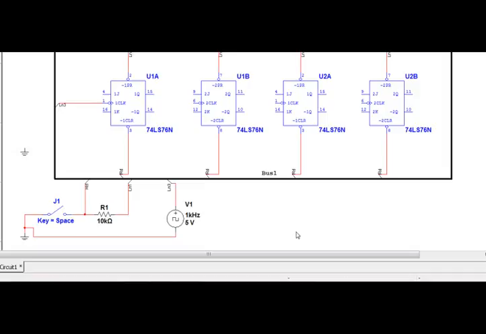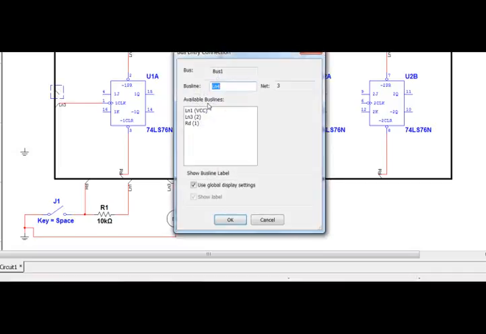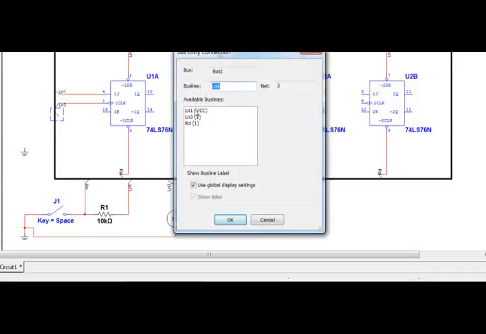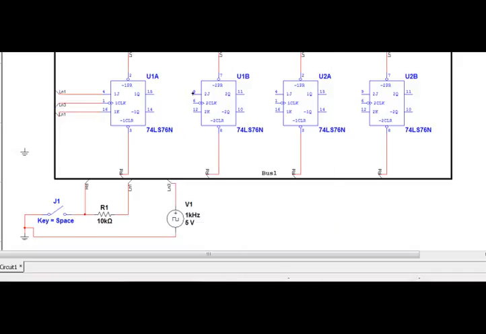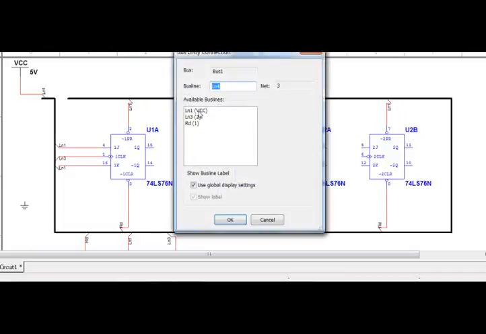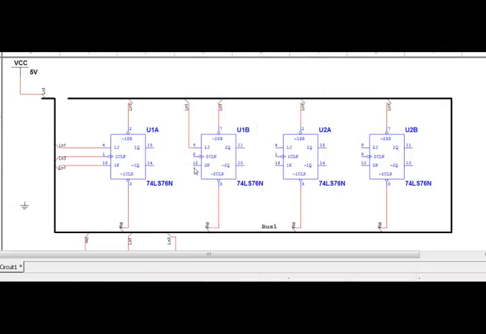We need a bunch of 1s on all of our J's and our K's. All right, so VCC. VCC. VCC. We'll come up to there. Boom. VCC. Thank you very much.